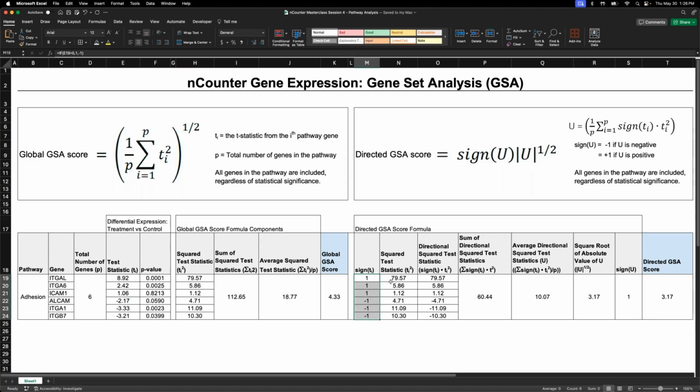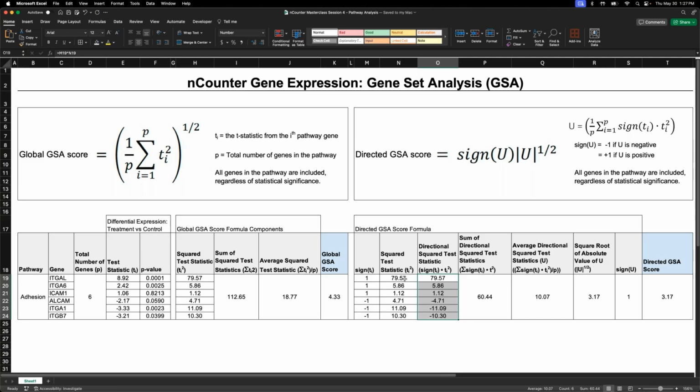We calculate the t-squareds just like we did on the left-hand side. So we take all of the t's, we calculate that squared value. And so these numbers are the same as these. So it's the same t-squared, but now let's start to take into account this direction. So I simply multiply positive 1 or negative 1 to these t-squares, and that's the values here.